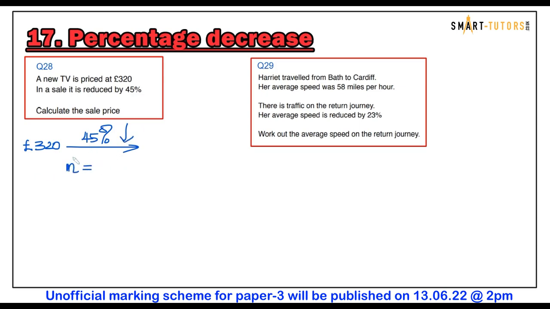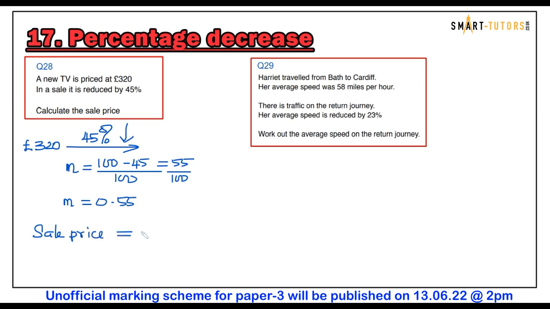Multiplier means you take 100 take away 45, which is 55, then divide by 100. So the multiplier equals 0.55. So all you want to do is, the sale price equals the original price times the multiplier 0.55. So you press the calculator and get the answer.